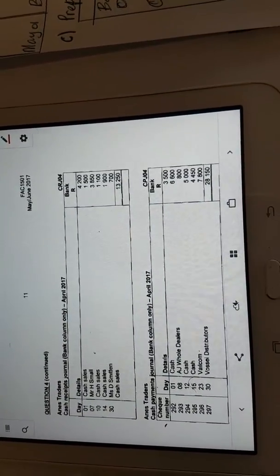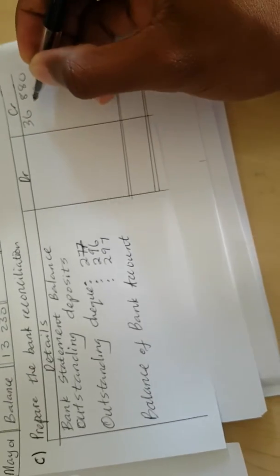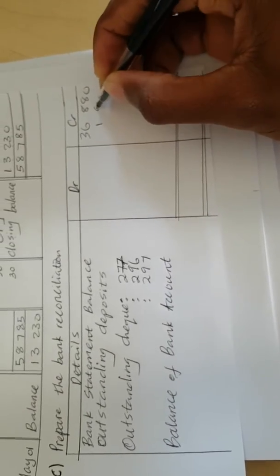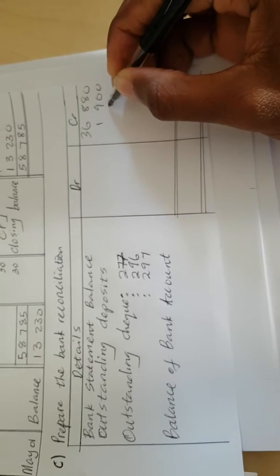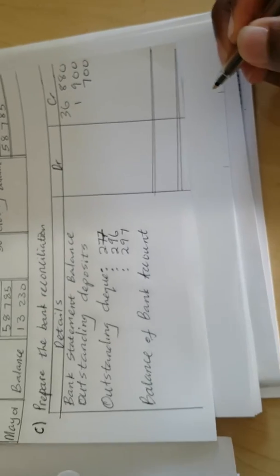The outstanding deposits should be credited. So I'll say I have outstanding deposits of 1,900 and the other one is 700.